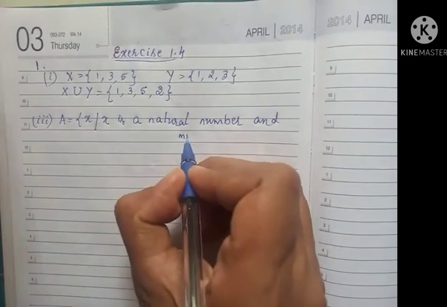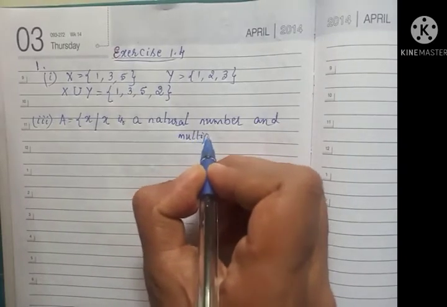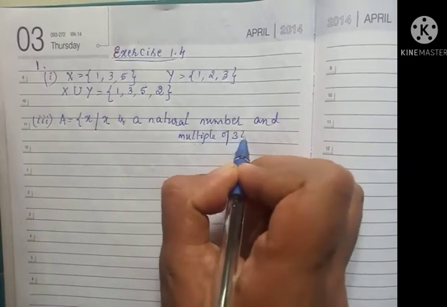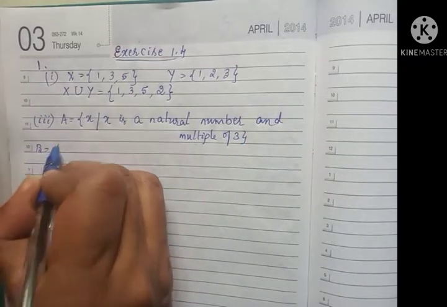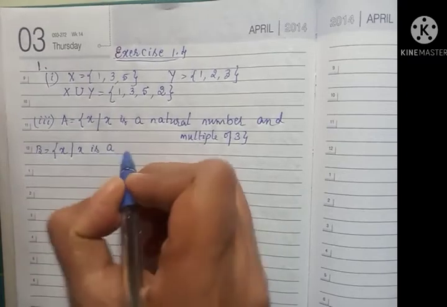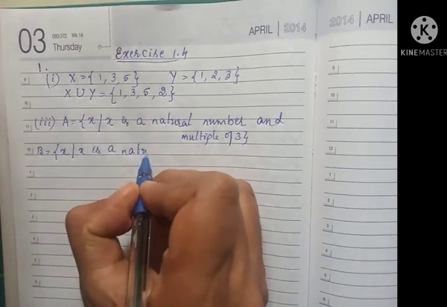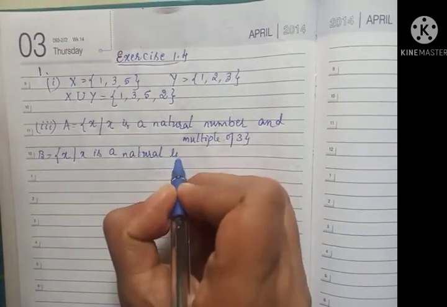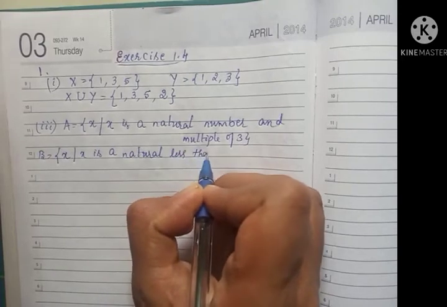So this is set A. Then B is the set of all x such that x is a natural number less than 6.